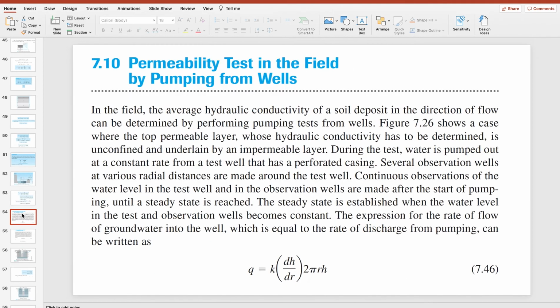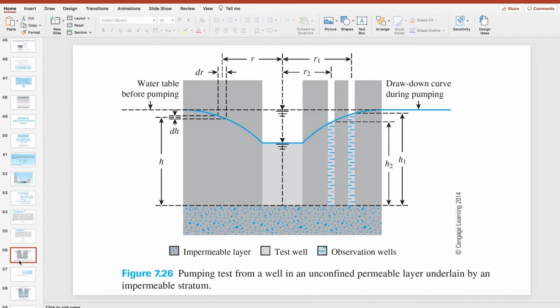Okay. Shows a case where the top permeable layer, whose hydraulic conductivity has to be determined, is unconfined and underlain by an impermeable layer. So, it is unconfined and underlain by an impermeable layer.